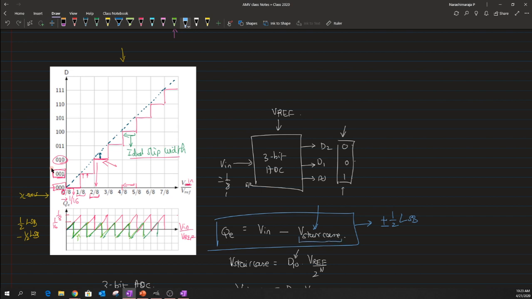So let me try to select the graph and see whether I can utilize this red graph to push this staircase to a new position.